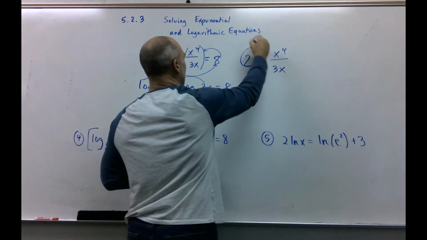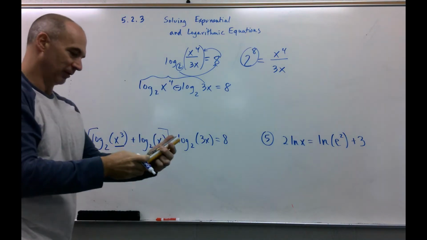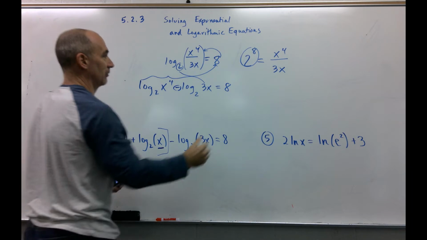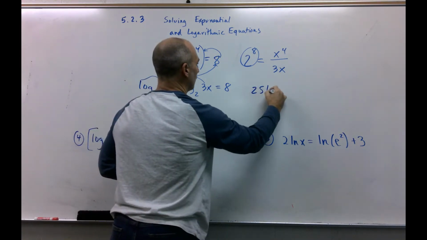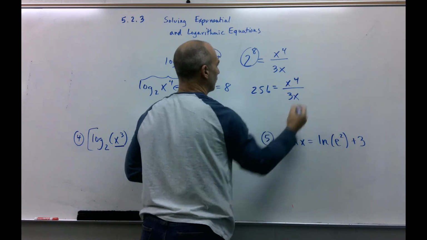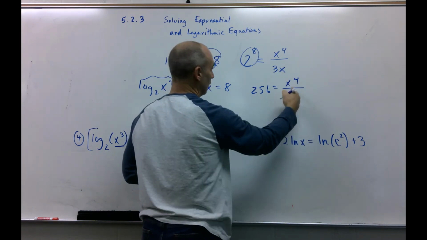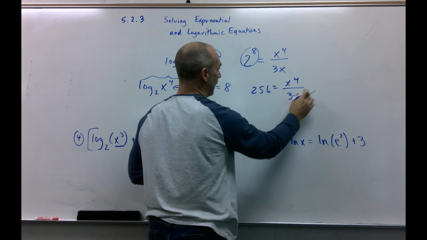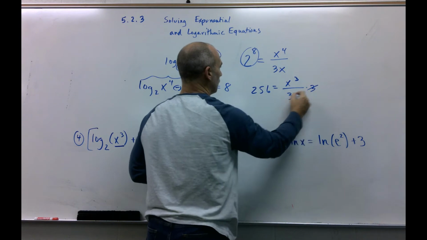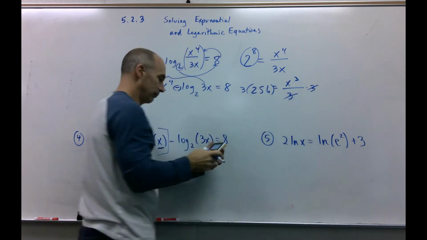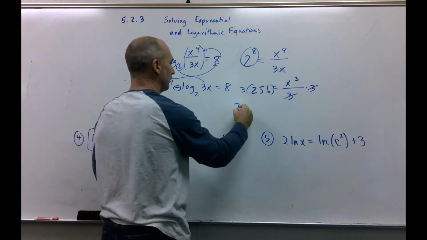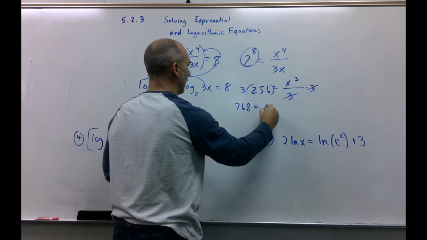Now 2 to the 8th, I think it's 256, but I don't want to screw this up. 256. So I get 256 equals x to the 4th over 3x. Now I can reduce this, and I should have a while ago. X to the 4th over x reduces to x cubed. I'm going to multiply by 3, multiply by 3. So times 3, 768 equals x cubed.